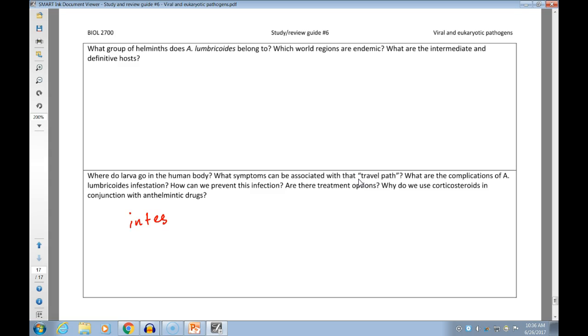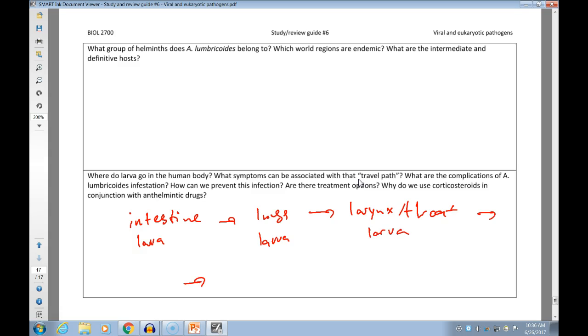Intestine, that's larva. Lungs, still larva. From lungs they go to the larynx, throat, still larva, and then are swallowed into the intestine. Develop into adult worm.